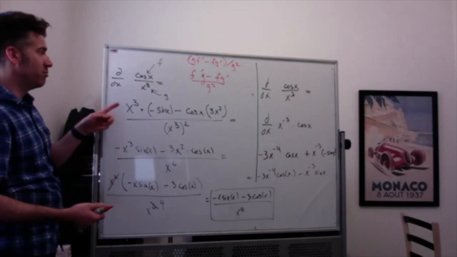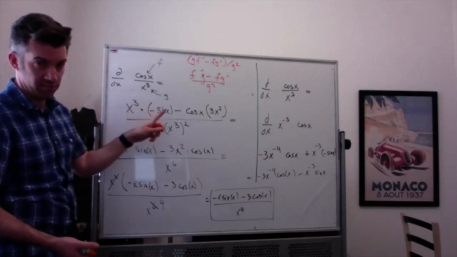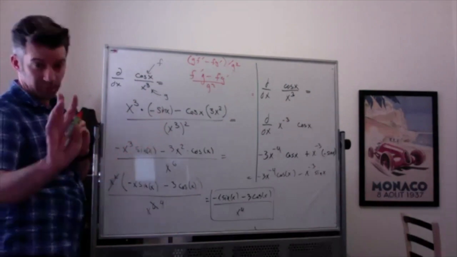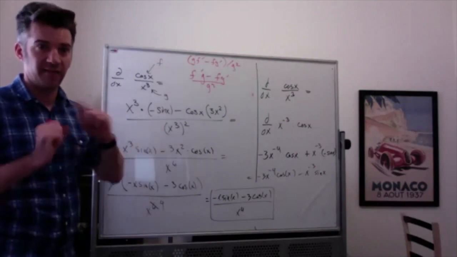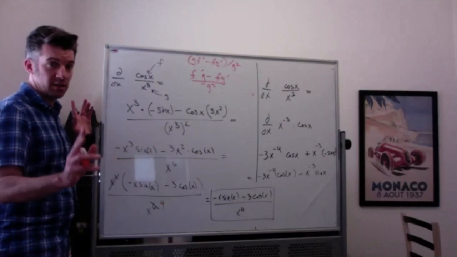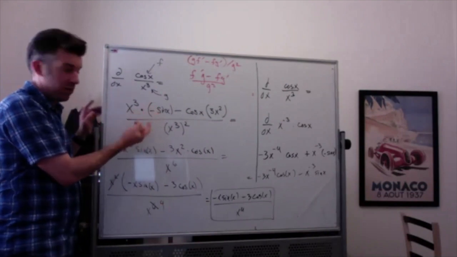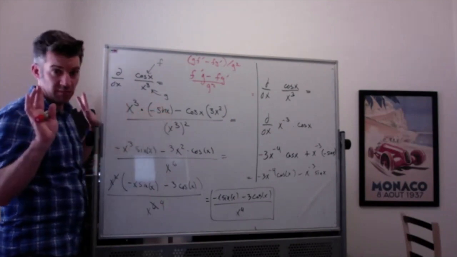I think of it as the bottom times the derivative of the top instead of the derivative of the top times the bottom. Okay, yeah, I was just a bit confused. No, yeah, and please let me know if there's anything I'm doing that is confusing, because I can fix my way of doing it to be more like what you guys want. But I really will stress, it's okay to multiply things in the opposite order, right? X cubed times negative sine, or negative sine times x cubed, same thing.